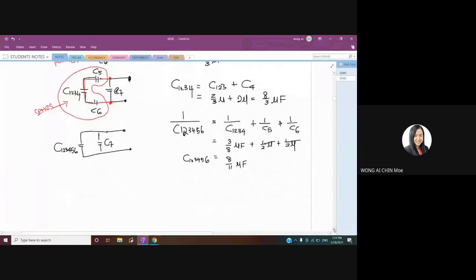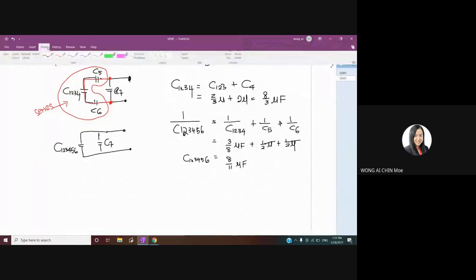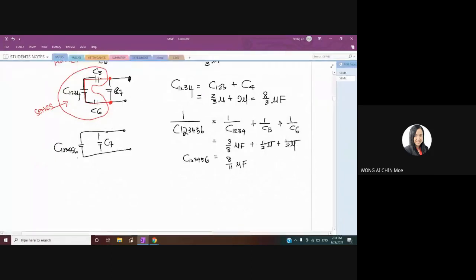And lastly, finally, we combine C123456 with C7. Because they are from different wires, this one and the other one, this is actually parallel. It's connected in parallel.